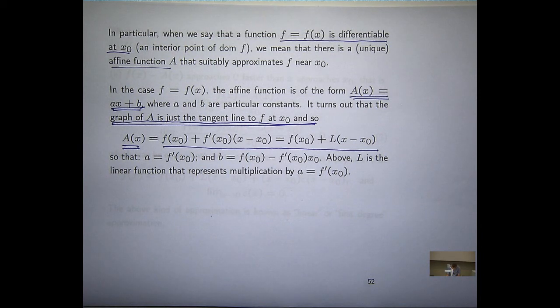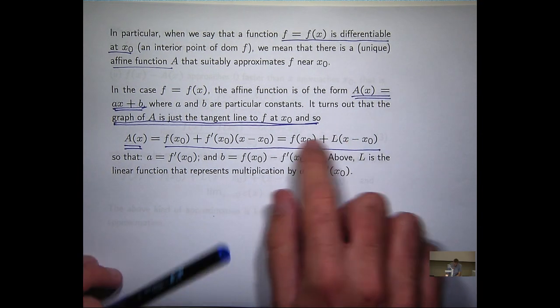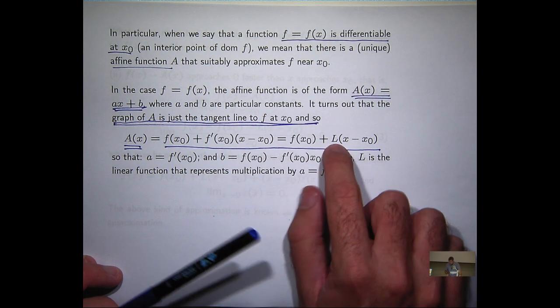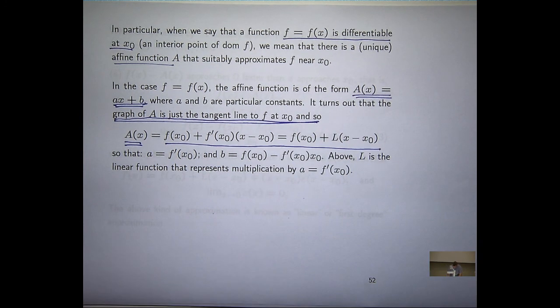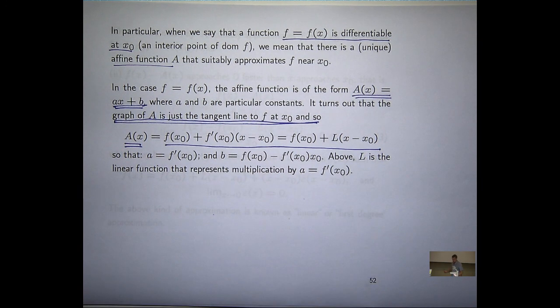Again, think of this L as some sort of linear function. So you've got a constant plus a linear function. And in the case of functions of one variable, L just represents multiplication by a number. Now, when we go up to higher dimensions, as you'll see today, that L is still a linear function and it still represents multiplication, but today it'll represent the dot product.